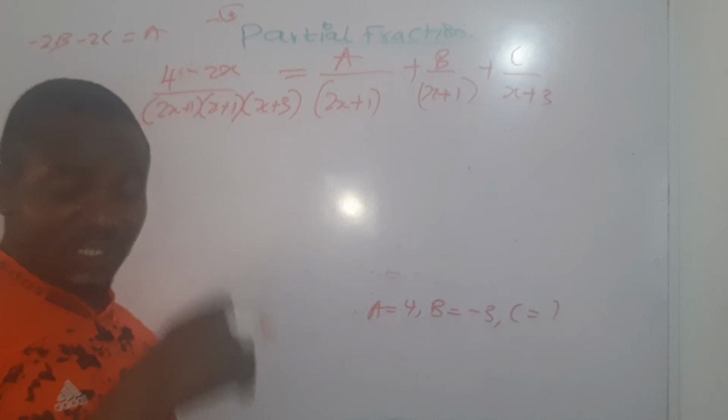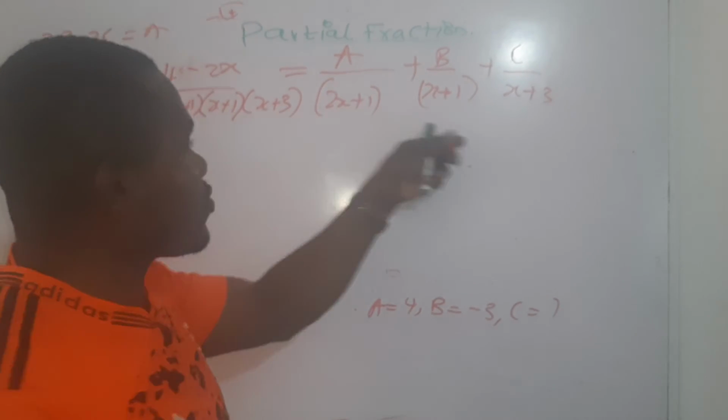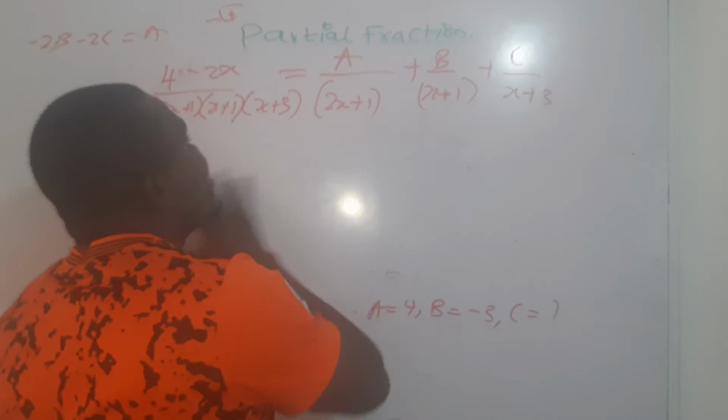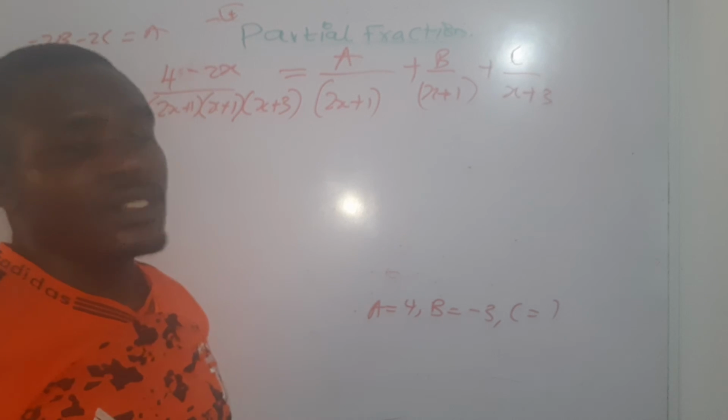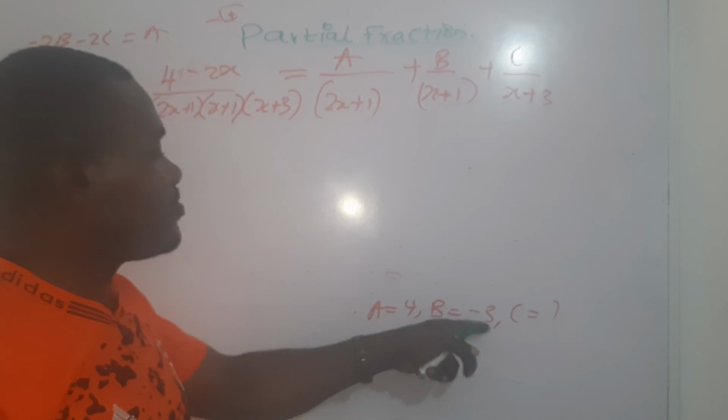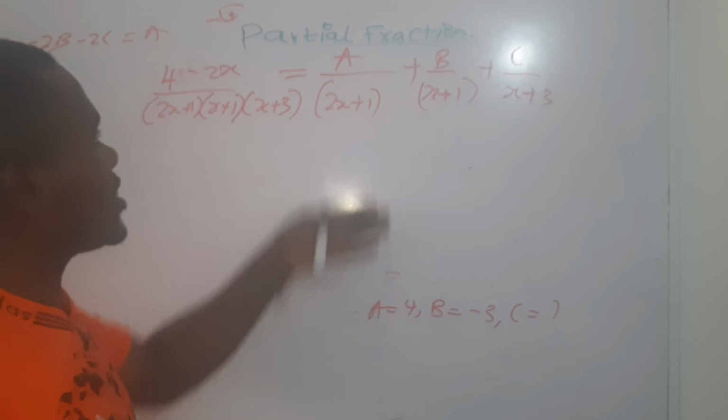You can go back to the initial video to look at how we expanded the expression to this. Now we've gotten the values for a, b, and c, so we can just put them in.